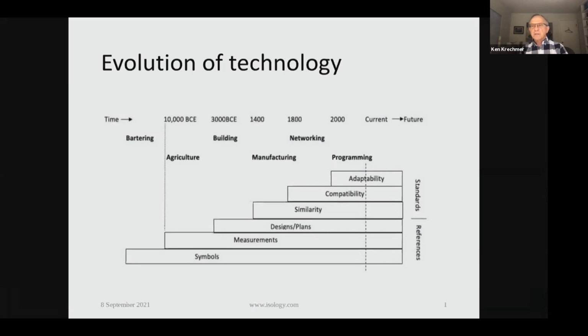In 2000, according to the little bit of research I've done, the first smartphone connected to the internet. Or an early version of what is now called the smartphone connected to the internet. So a programmable device connected to a programmable system. And that, I suggest, is the beginnings of adaptability. And the purpose of this talk is to describe how adaptability affects the operation of interfaces. But I'm going to go a little bit further. So Joseph, if you could go to the next slide, please.